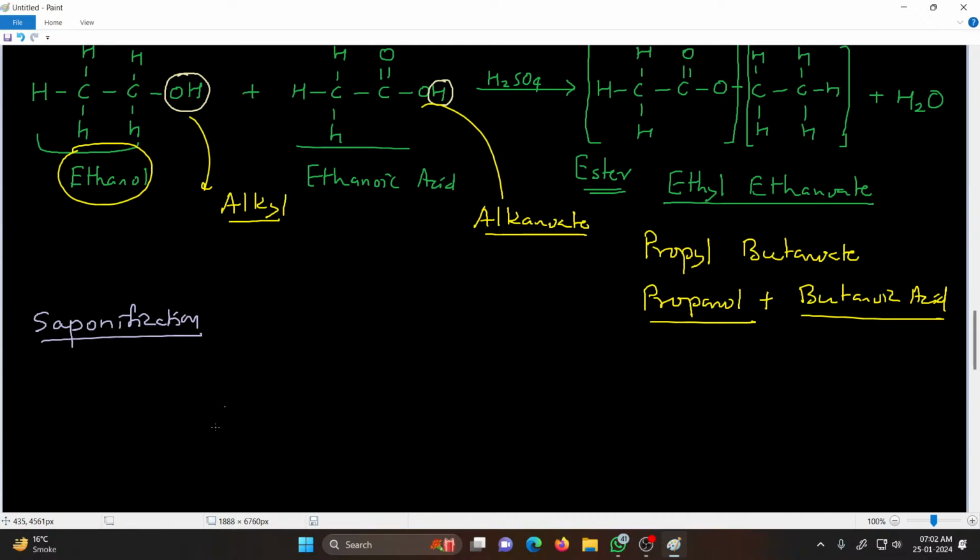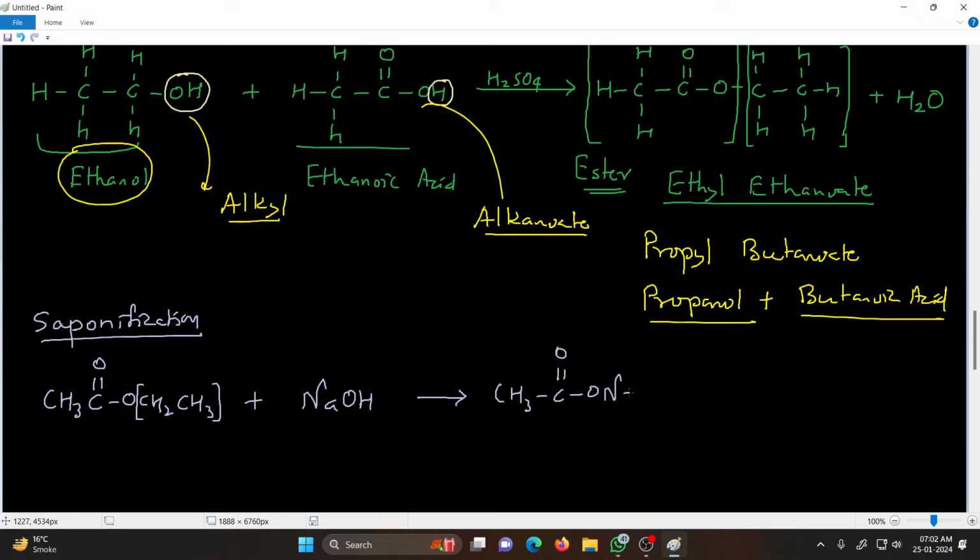In the saponification reaction, ester is reacted in presence of sodium hydroxide. The same ester, you can write it in shorter form as CH3COOCH2CH3. When it is reacted with sodium hydroxide, we know that sodium has very high affinity towards oxygen, so it will remove this alkyl part and give rise to CH3COONa, a very familiar salt now, sodium ethanoate, and the alkyl part will combine with the hydroxide radical to give you alcohol.